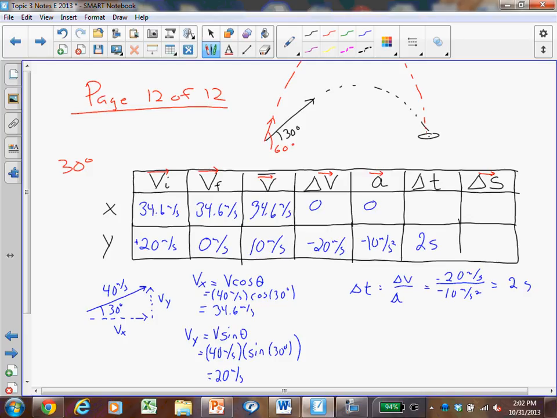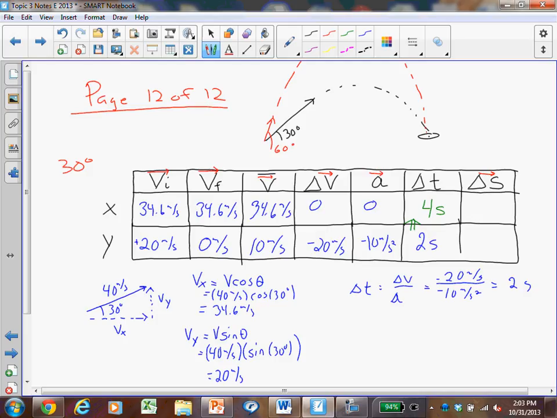So you have to be careful because if you do the whole parabolic motion, what's our displacement change in the y? 0. But in this case, we want to know how high it goes, so we're only doing half of the motion. But that's going to be important because what's that going to tell us to do to the time here? We got to double it to 4 seconds because we want the whole motion.